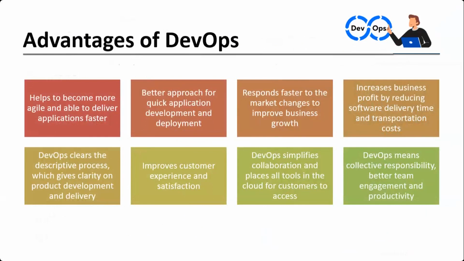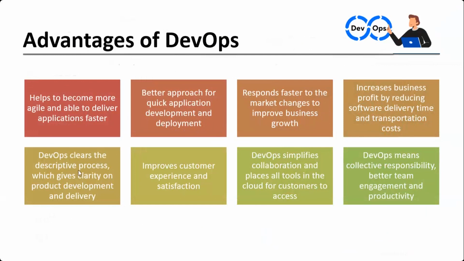Then we move to the advantages of DevOps. Okay, there's lots that you can think of. Okay, they help to become more agile and able to deliver applications faster. It's a better approach for quick application development and deployment. Respond faster to market changes to improve business growth and increase business profit by reducing the software delivery time and transportation costs.